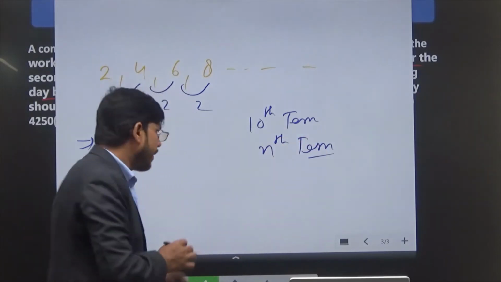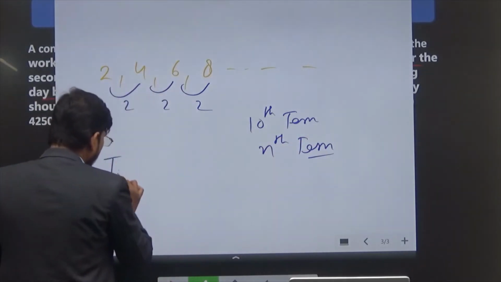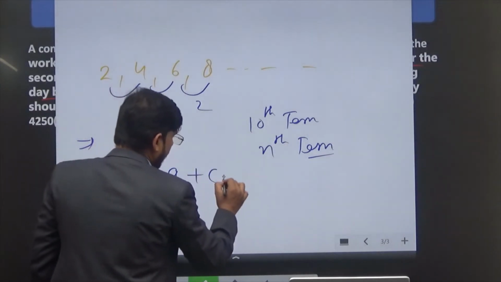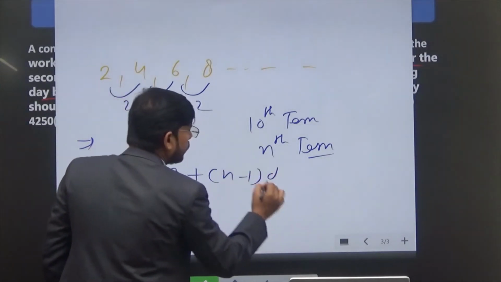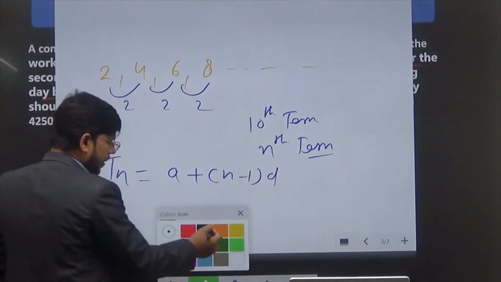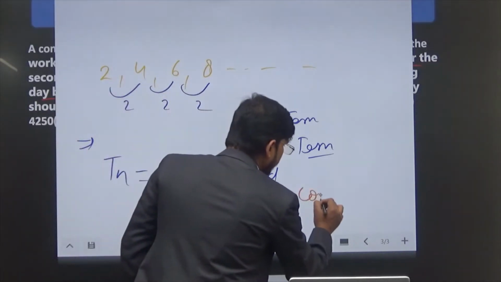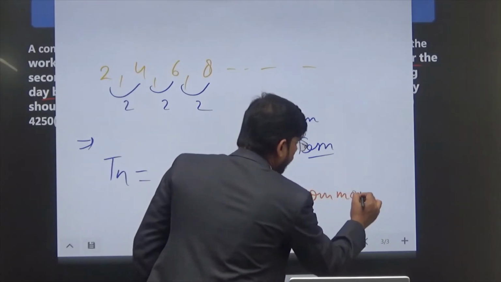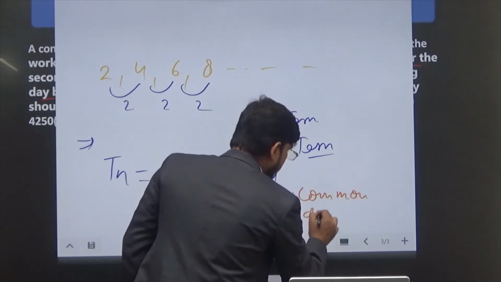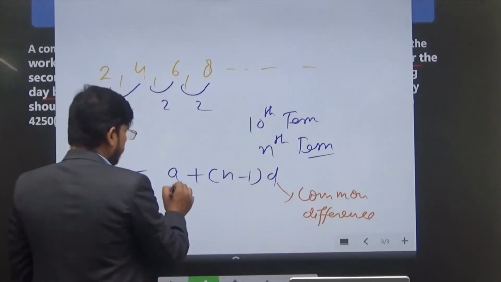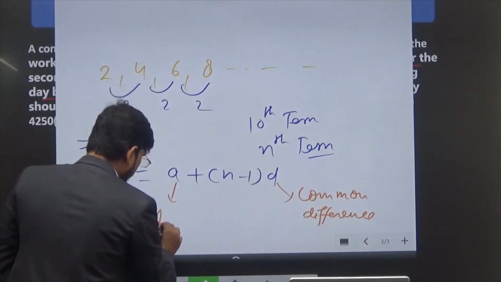So for the nth term, Tn is equal to a plus (n minus 1) into d, where d is the common difference, and a is the first term.